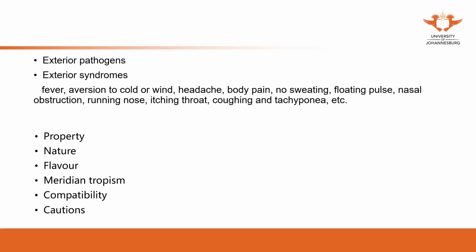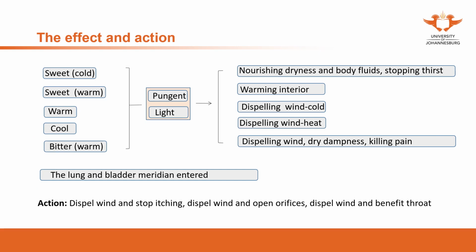When we analyze the action of the herbs, we're going to analyze from these different aspects: the properties, the natures, the flavors, the meridian tropism, compatibility, and cautions. After the study in the general introduction, we will understand that the actions of each herb will depend on their properties, especially from the view of four natures and the five flavors.